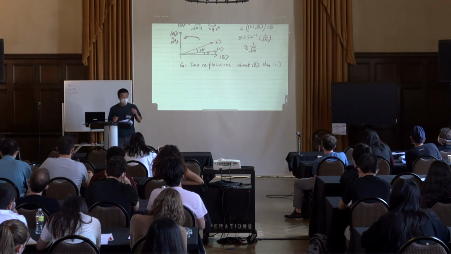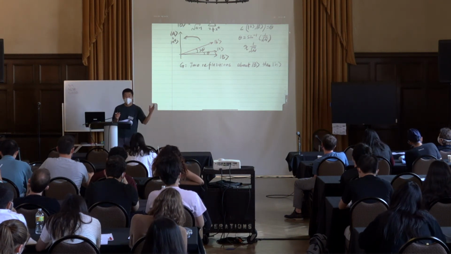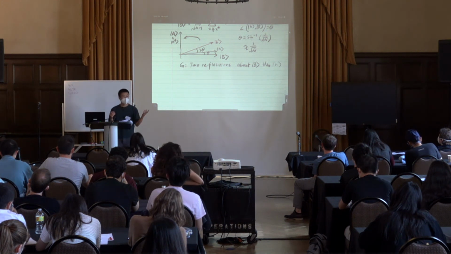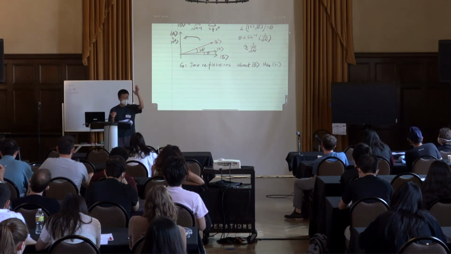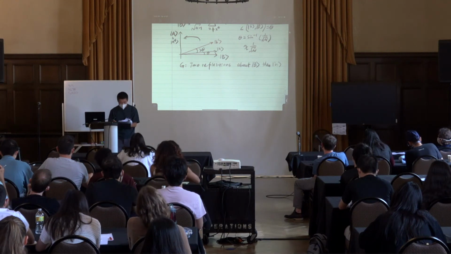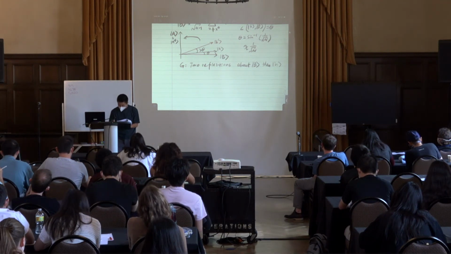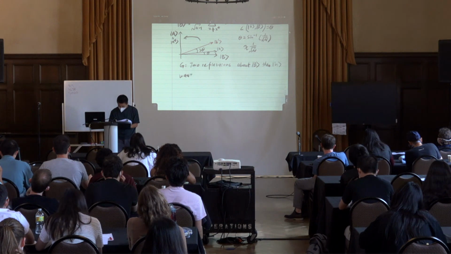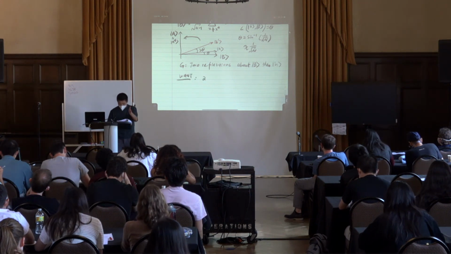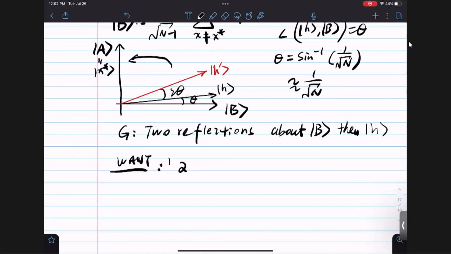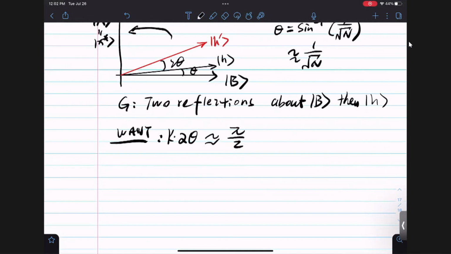Okay? So we'll keep rotating by 2 theta every time, and suppose we rotate k times in total, and our goal is to hit this vertical line. So eventually, we would love to hit the vertical line, so that means after k times, this better be, well, I shouldn't say equal, but close to pi over 2. And that tells us roughly how large k needs to be.